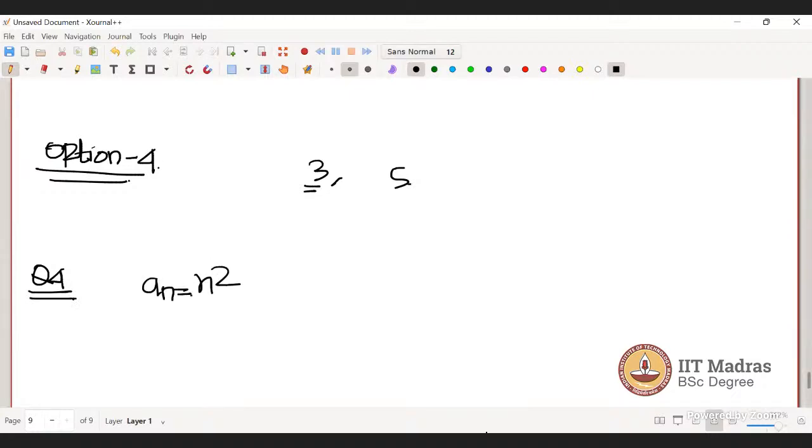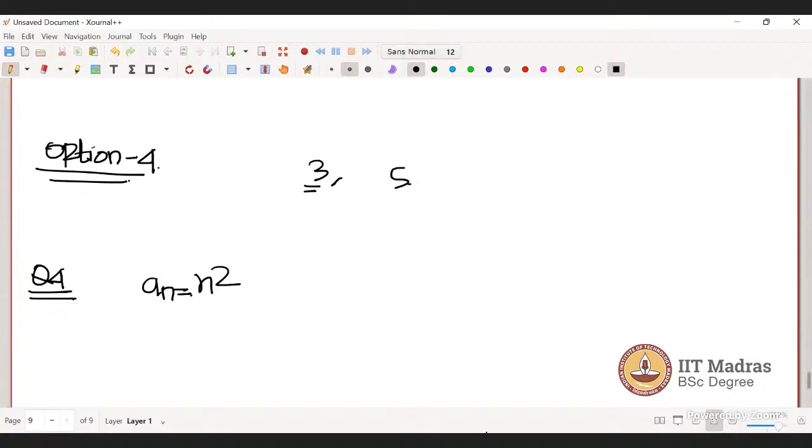Which of the following can be a subsequence of n square? First and second, definitely. Third one, I don't think so. Neither would the fourth one be, unless there's an overlapping.